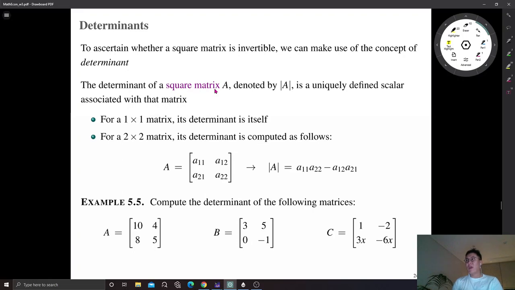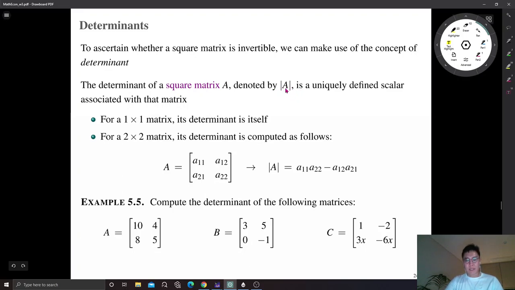Although we can tell the rank of a matrix even if A is a rectangular matrix, for the determinant, we can only compute it for a square matrix A. It is denoted by a single bar, the same symbol we use for the absolute value of a scalar.